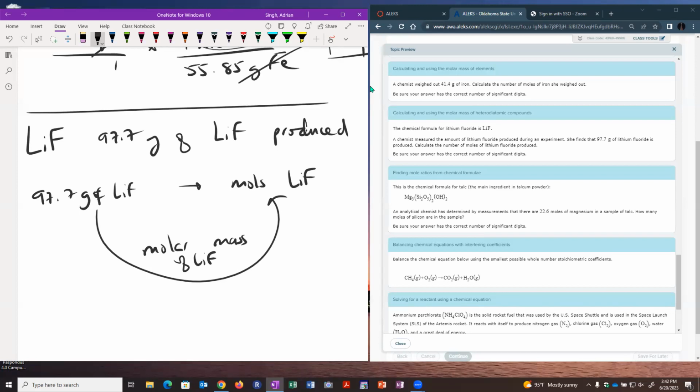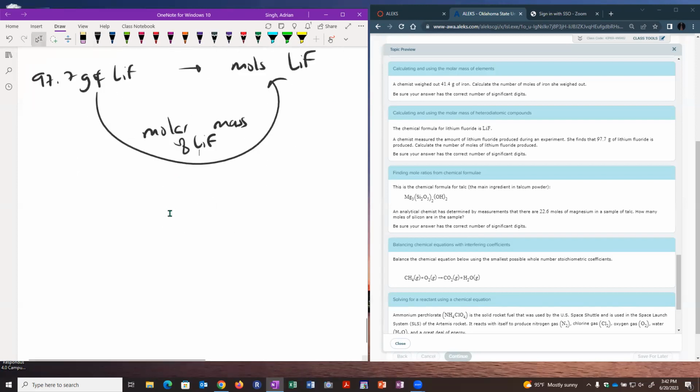So we can calculate the molar mass of lithium fluoride by using, again, the periodic table. We have one lithium, the mass of 1 mole of lithium, plus 1 fluorine. All right, so fluorine is 19.00.